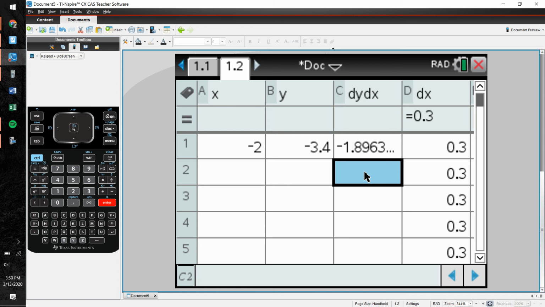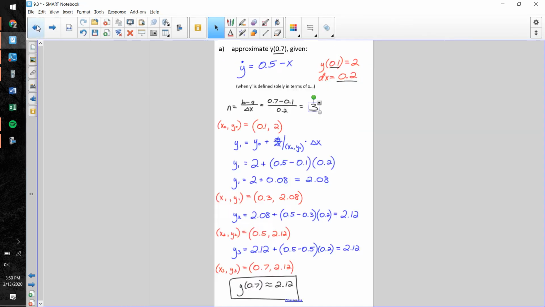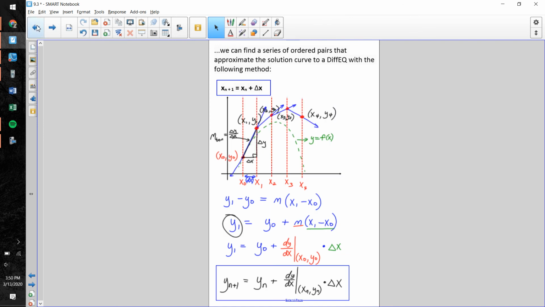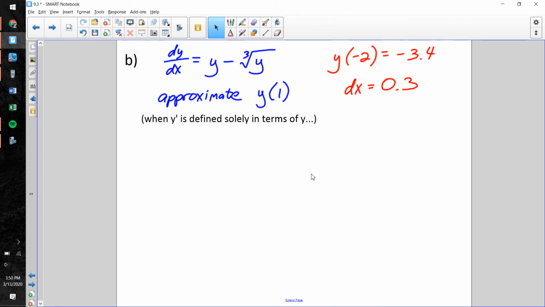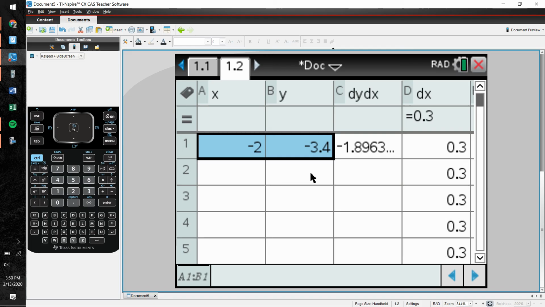And that is the slope of the tangent ray or the tangent line coming out of the ordered pair of negative 2, negative 3.4. So if we go back to the diagram that we looked at in class earlier today, what we basically just found was the slope of this blue line right over here, albeit in our example, that slope is negative this time.